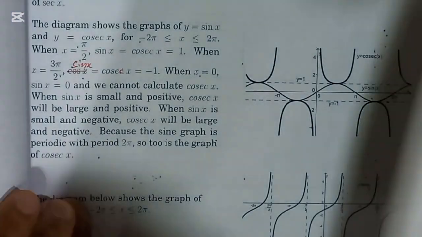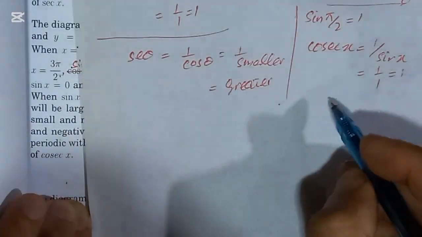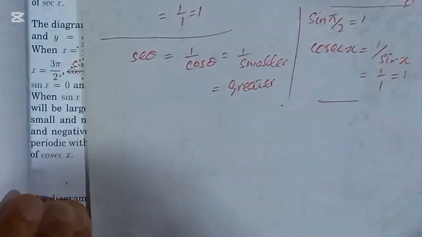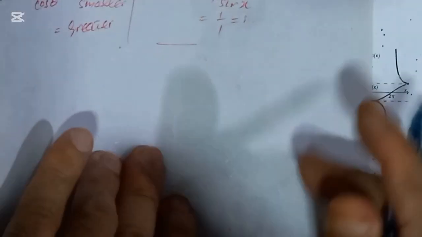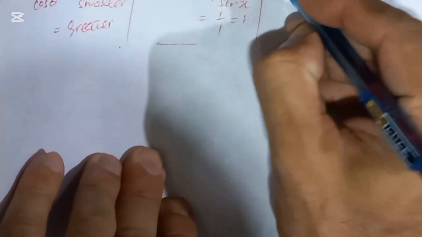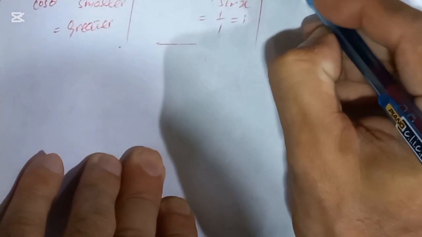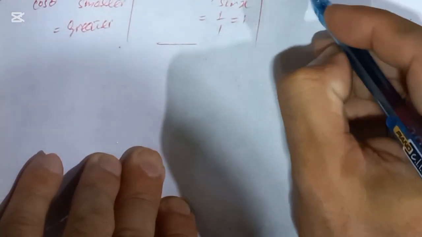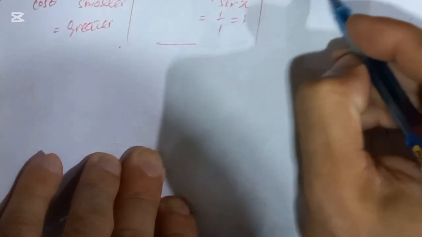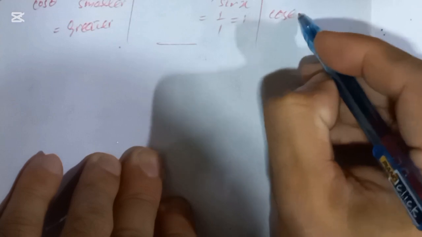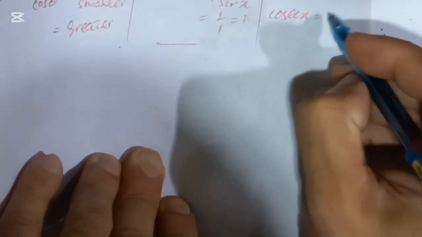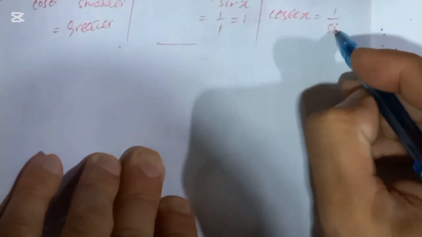So look now, when x is equal to 3 pi by 2, sine 3 pi by 2 is minus 1, and cosecant is 1 over sine.